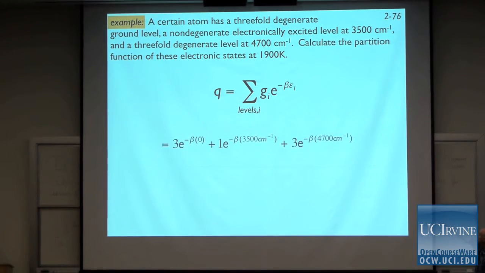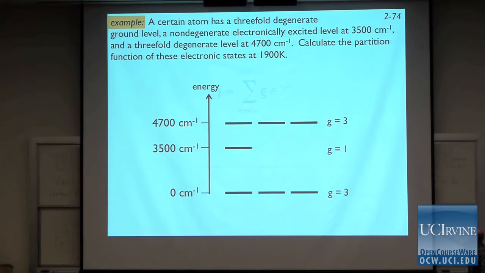So, what does the summation mean? It means that we're going to have to add up. We've got 3 states, so 3 terms in our summation: ground state, first excited state, second excited state. Let's figure out what those terms are. The degeneracy of the ground state is 3.